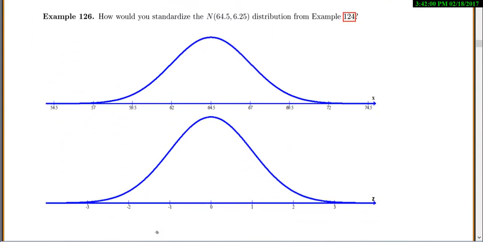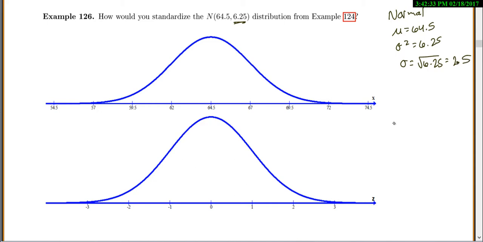For this example, how would we standardize the normal with a mean of 64.5 and a variance of 6.25 from our example 1.24? This means mu equals 64.5, and our variance equals 6.25 because our textbook always gives the variance. That means sigma is the square root of that, or just 2.5.